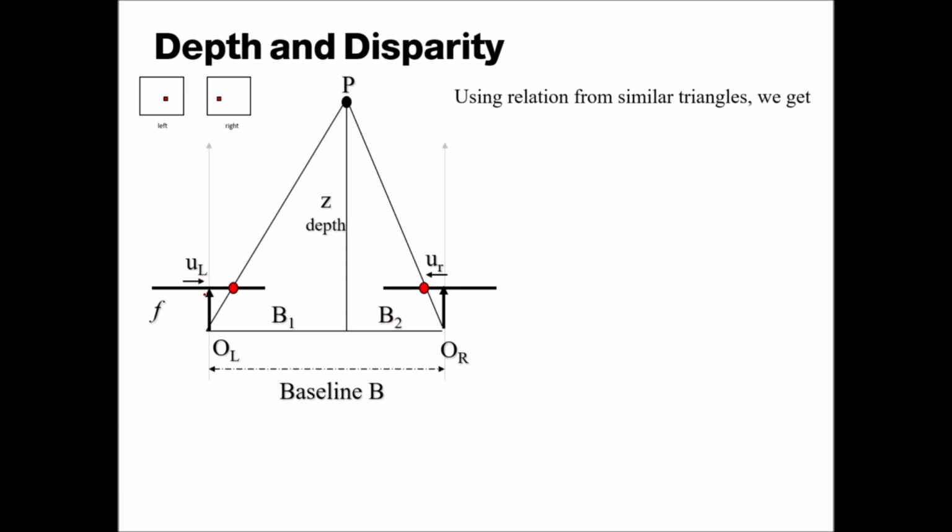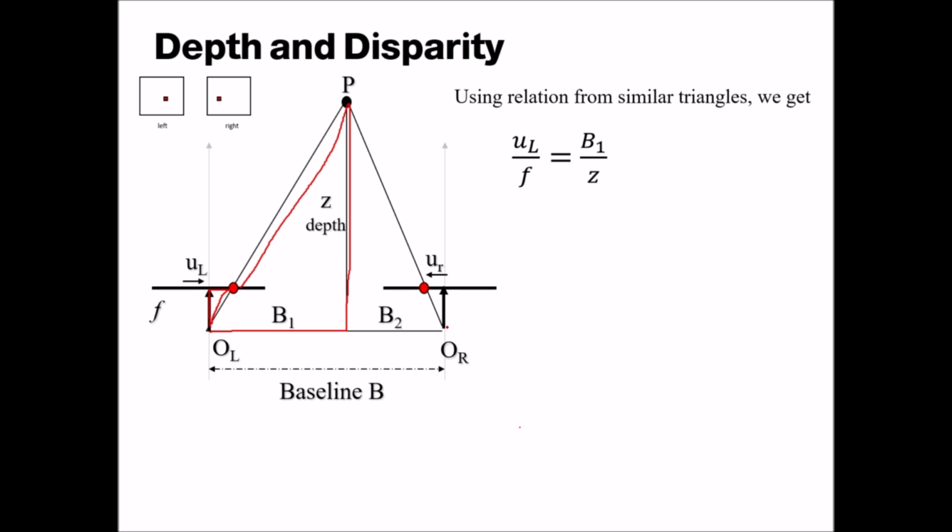We have this triangle, this F and UL, and it has the same relation as this big triangle. So the idea is like this: UL divided by F has the same relation as B1 divided by Z.